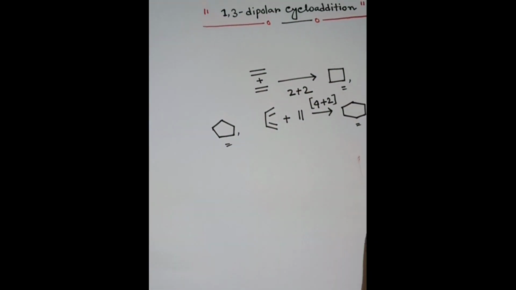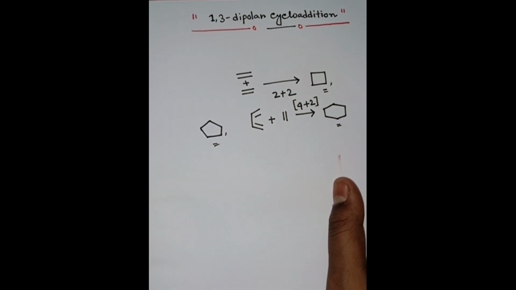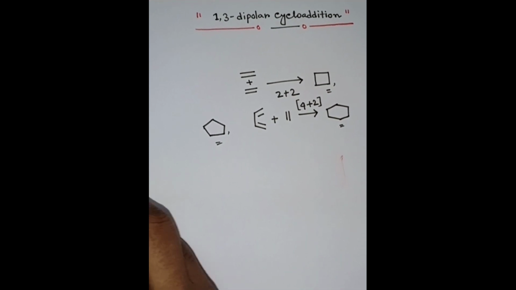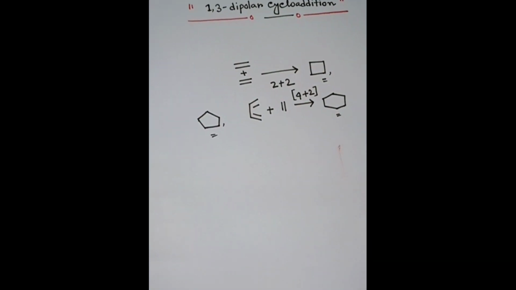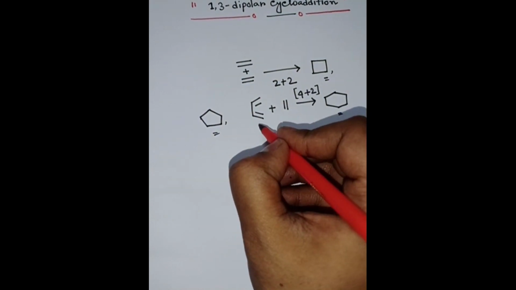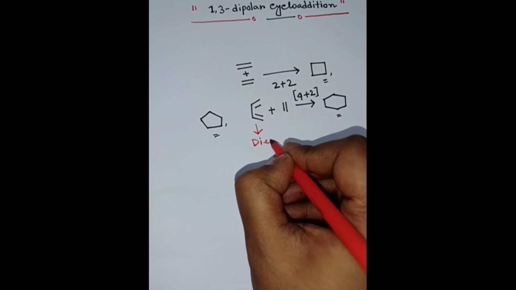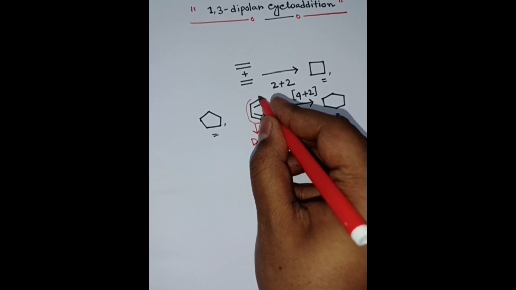First I will tell some terminology, then I will tell how this reaction goes on, then I will discuss the examples. In the case of this 4+2 cycloaddition, the Diels-Alder, we know two moieties are there.